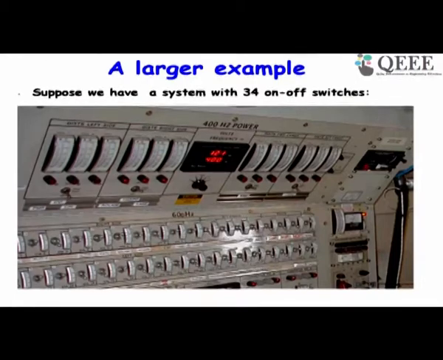So if you want to test it, there are 34 on-off switches here, so 2 to the power 34, plus these values, a very large number of test cases. We can use pairwise testing here, and we can detect the majority of the bugs.